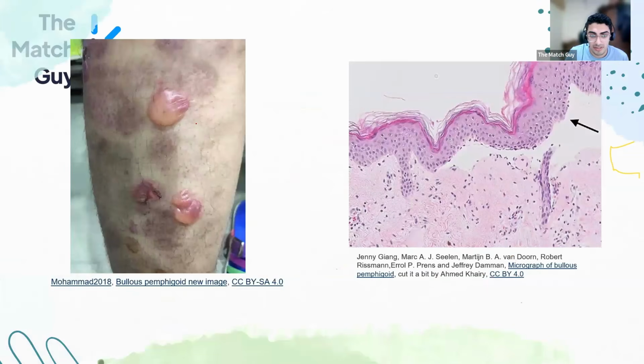Nice. As you can see, this bulla looks very tense. Okay. And this is the separation between the epidermis and the dermis. So if you look here, we don't have any separation. But here, the epidermis separated from the dermis, and we will have fluid accumulation, which will cause the blisters. Okay.